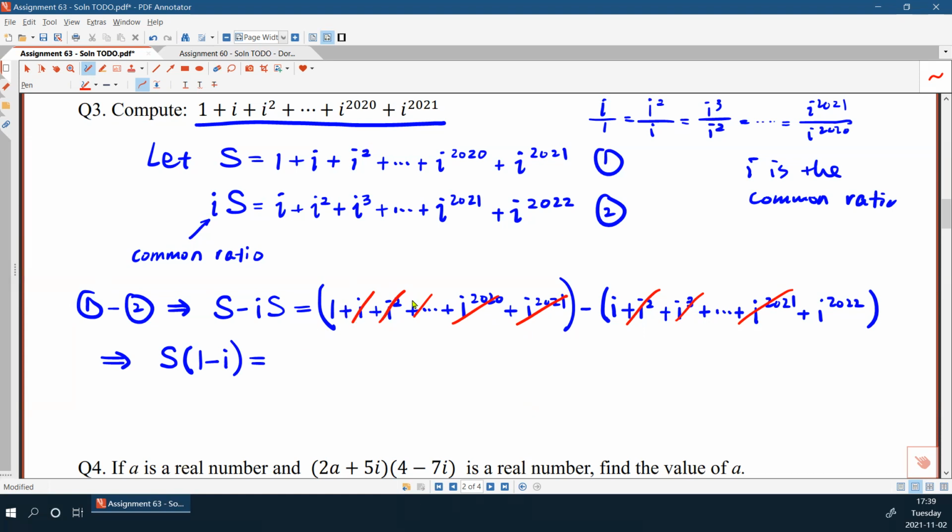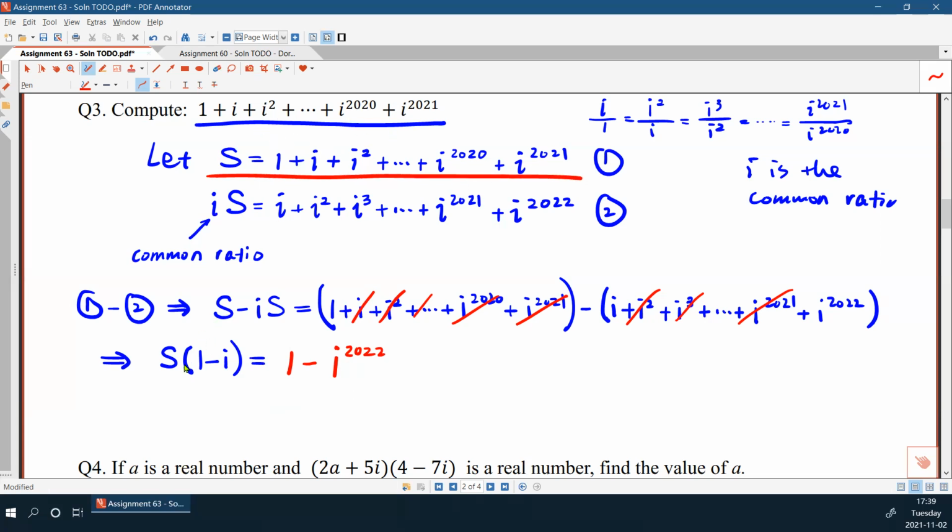If you cancel all these terms, the right side is 1 minus i to the power of 2022. Our target is to find S, the sum of all the terms.